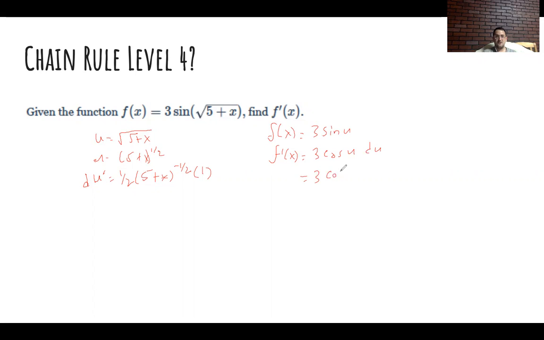So I have the cosine of u, which is 5 plus x to the 1/2. And then my du is going to be 1/2 times 5 plus x to the negative 1/2.